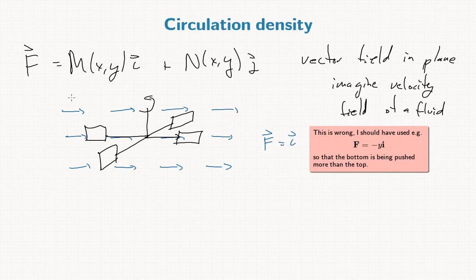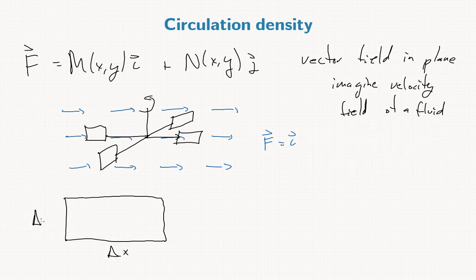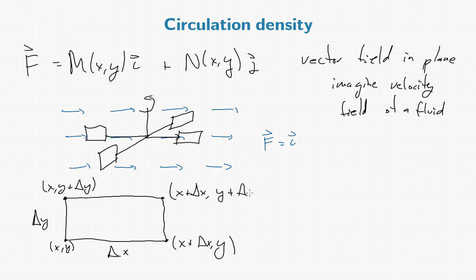Okay, so to see how to measure this in general, let's consider a rectangle of width delta x and height delta y. This point is (x, y), this point is (x plus delta x, y), this point is (x, y plus delta y), and then (x plus delta x, y plus delta y).